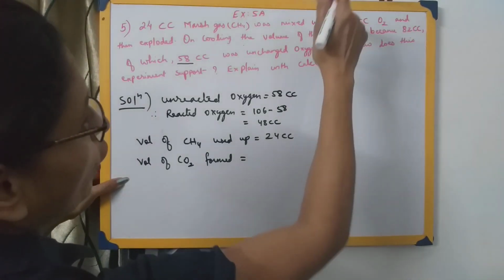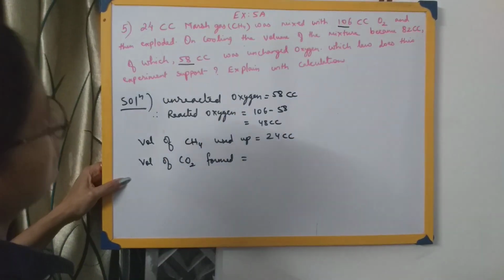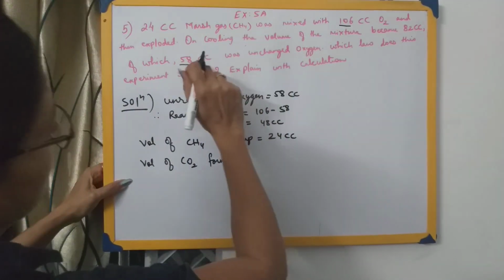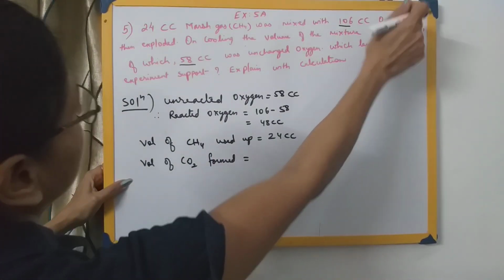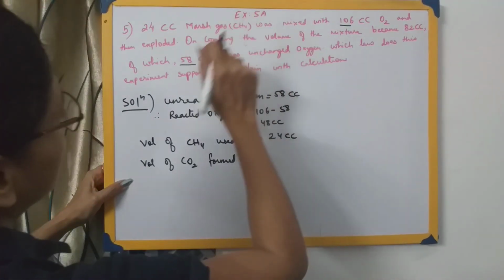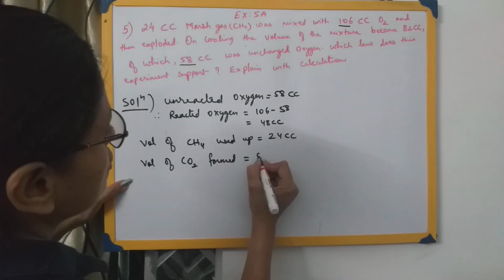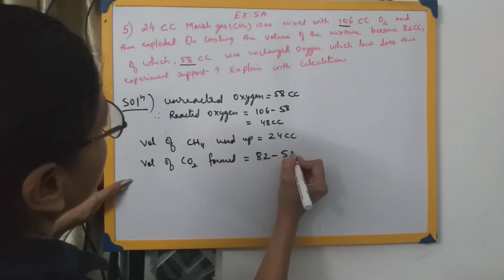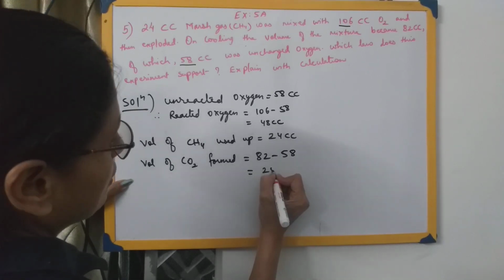That means the total volume of the mixture is 82 cc, and from that 58 cc was unchanged oxygen. So 82 minus 58. If we deduct this 58 from 82, we will get the volume of carbon dioxide formed, that is 82 minus 58, which gives us 24 cc.